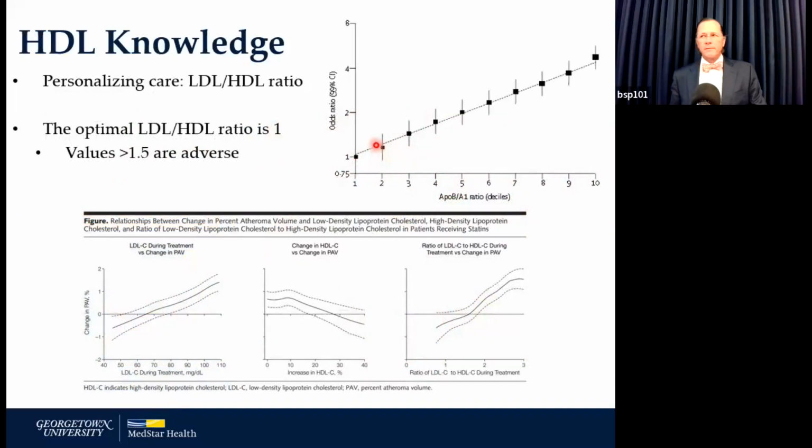INTERHEART was a study of all risk factors for cardiovascular disease and what the population attributable risk is. And what it showed is that the population attributable risk from all cardiovascular risk factors is the highest for lipids. Exercise, blood pressure, diabetes, all important, but not as impactful as lipids. But in the INTERHEART study, the lipids measurement was not LDL. It was not total cholesterol.